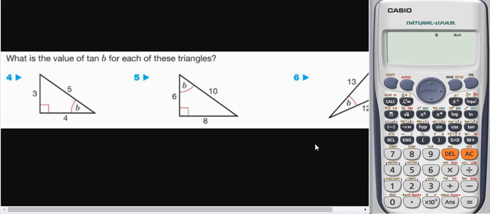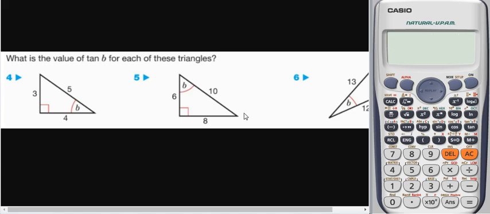If you invert this, you put adjacent over opposite, you're going to get the wrong answer. So, okay, let's look at B. The opposite of B is 3, so 3 divided by 4. The tangent is going to be 3/4. That's okay, this answer. But 0.75 is okay also. Both are right, the fraction or the decimal number. What's next?